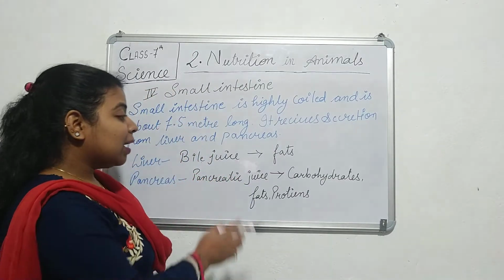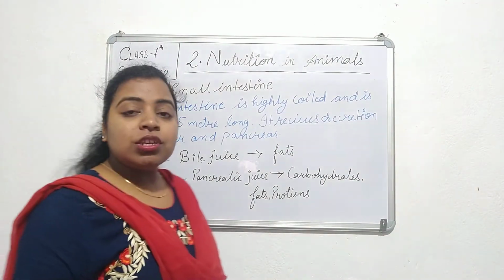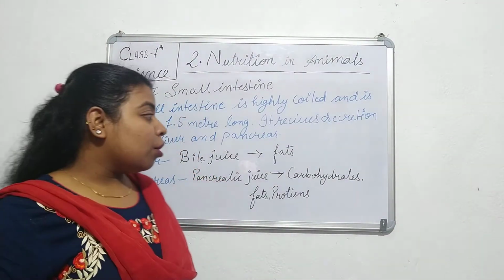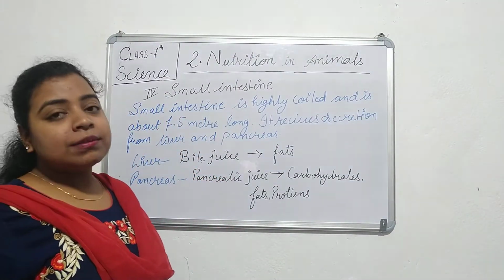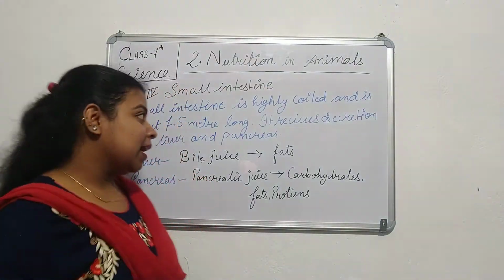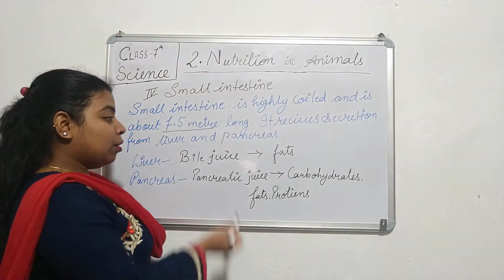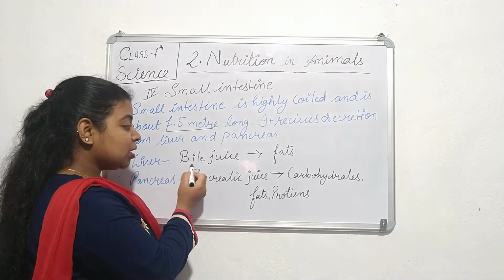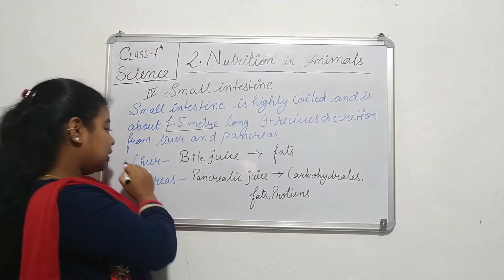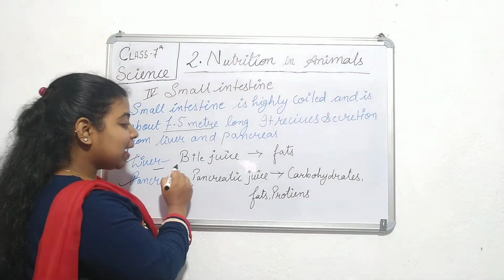That's why it is said that the digestion of food, or fats, carbohydrates, and proteins, takes place in the small intestine, and it is about 7.5 meters long. Which organs secrete their secretions in the small intestine? The liver and pancreas. The liver secretes bile juice.